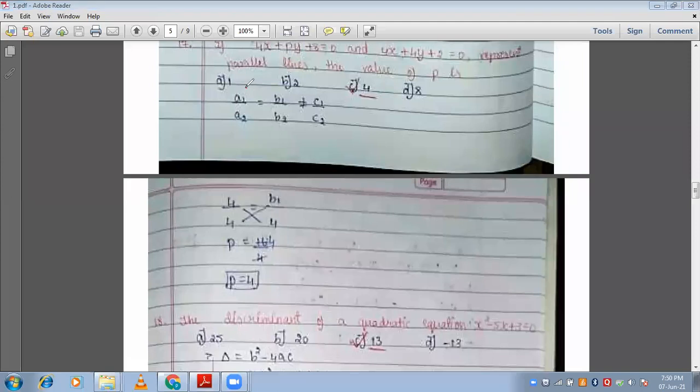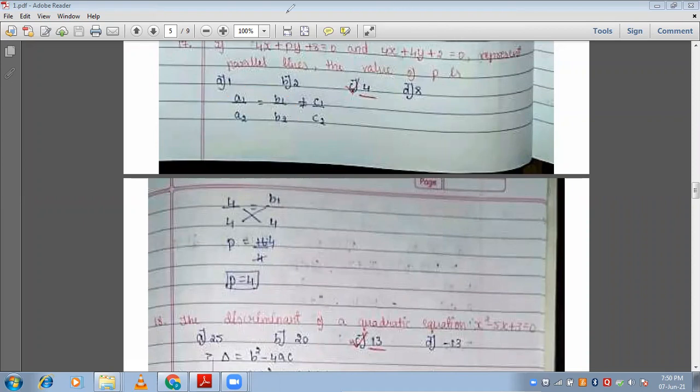Now substitute the values: 4 by 4 is equal to P divided by 4, where B1 is P and B2 is 4. Simplify this and you will get the value of P is 4. So option C is right.